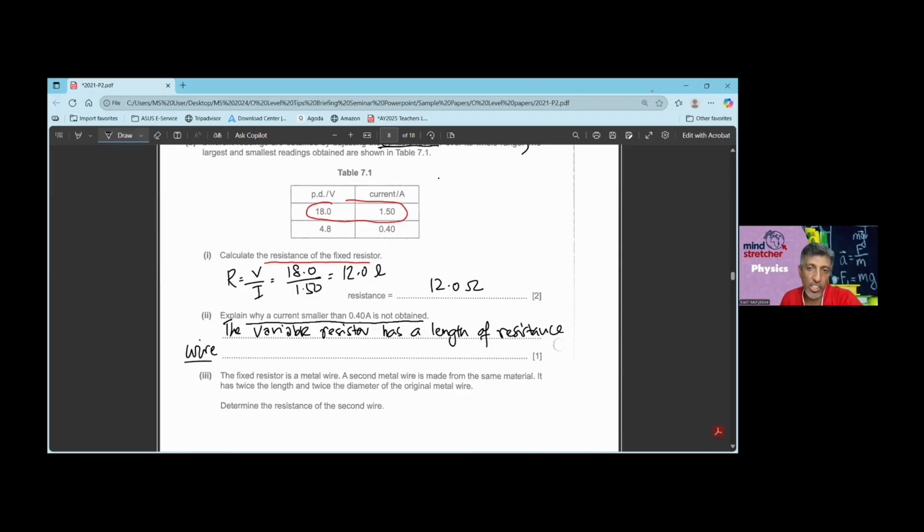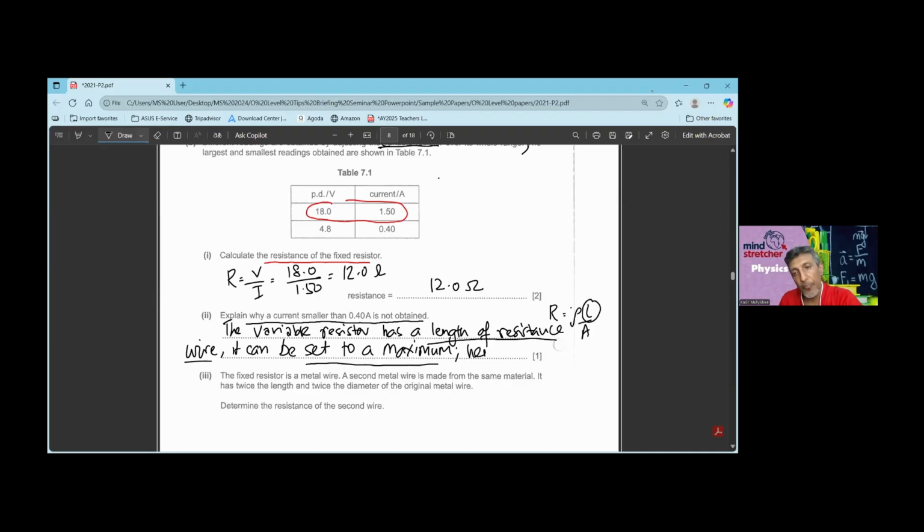So you're changing the length of the resistance wire. Remember, resistance from this formula is directly proportional to length. So the length of resistance wire can be set to a maximum.